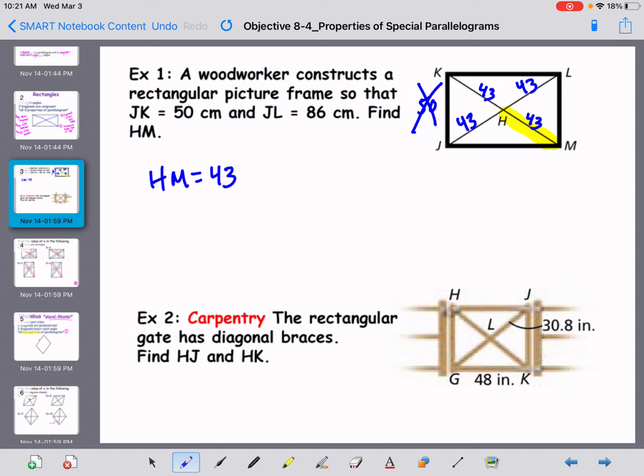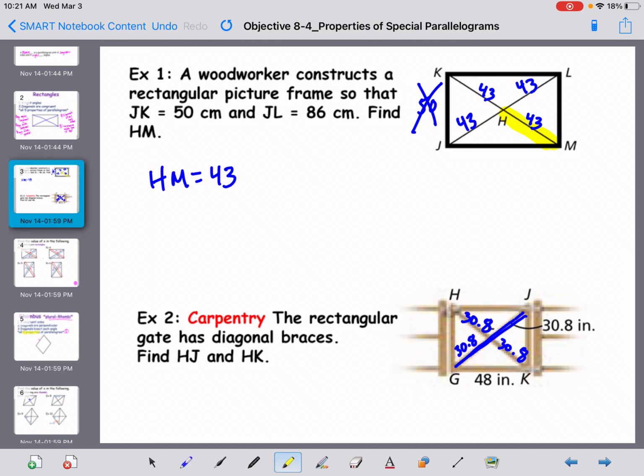Example 2 says, for carpentry, the rectangular gate has diagonal braces. Find HJ and HK. So these are diagonals. The gate is rectangular. So if that side is 30.8, this side is 30.8, this side is 30.8, and this piece is 30.8. So what am I looking for? HJ.